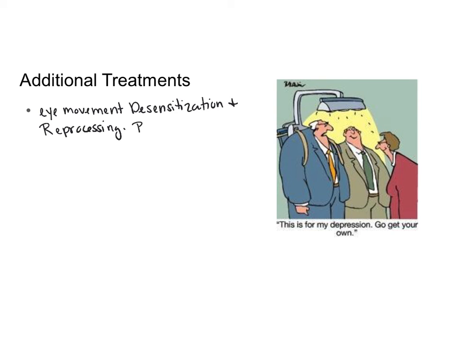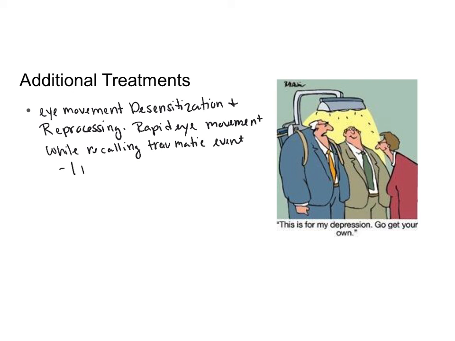This is where they use rapid eye movement to follow a series of lights while recalling a traumatic event. This can be effective if there was only one traumatic event. So let's say you were in a terrible car accident, but otherwise had a fairly normal life. This could be effective. If you have a lot of trauma in your life, this is probably not going to be effective for you.